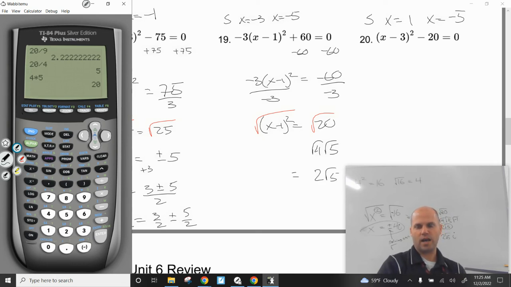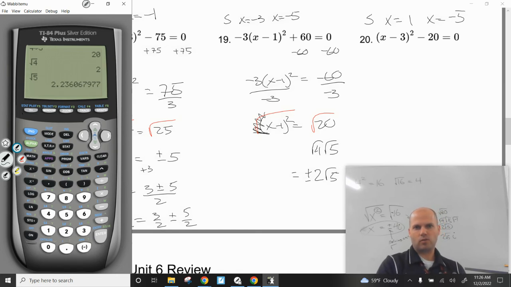The square root of 5 cannot be simplified. So we end up with 2 root 5. This is a plus or minus because I square rooted to solve an equation.